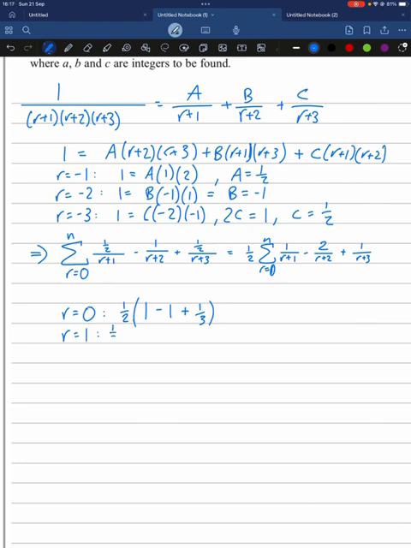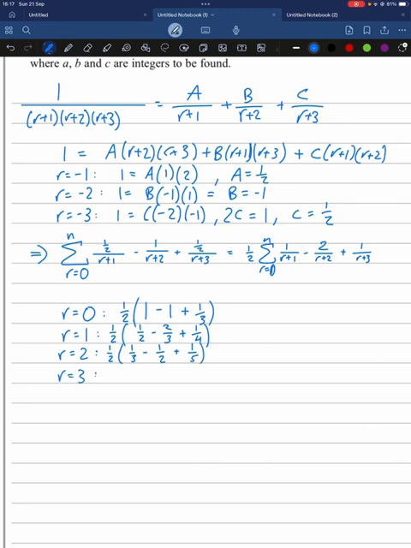Okay, so now we'll get a half into 1 over 1 plus 1, which is a half, minus 2 over 2 plus 1, which is 2/3, plus 1 over 4. When r is 2, we'll get a half into a third minus a half, which is 2 over 4, which is a half, plus a fifth.